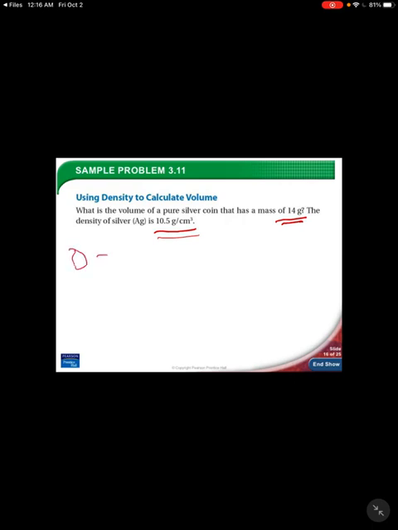So if density is equal to mass over volume, what I can do is rearrange this equation: multiply both sides by V, that would give me DV over here, and then divide both sides by D, which brings my D back over here to the denominator.